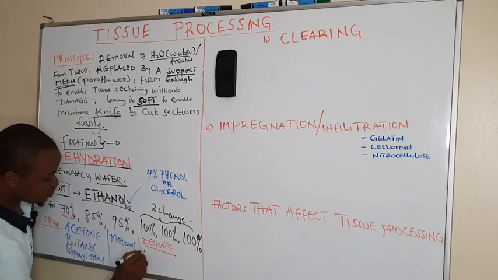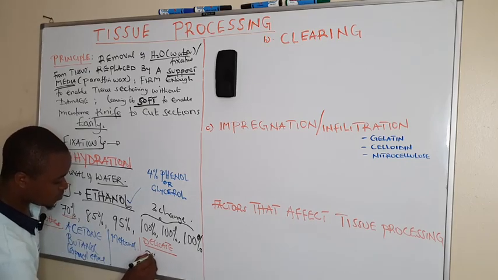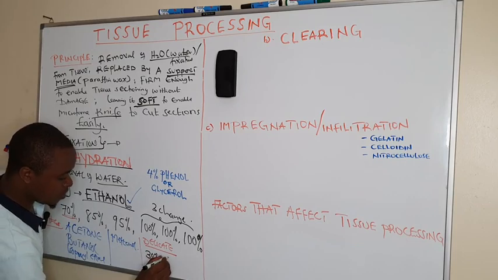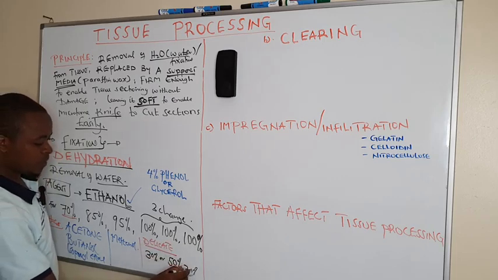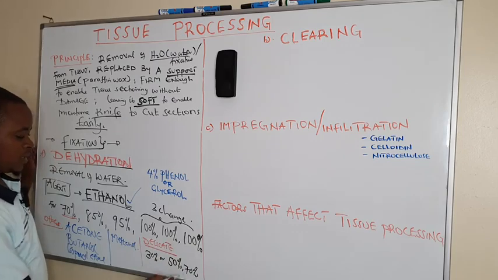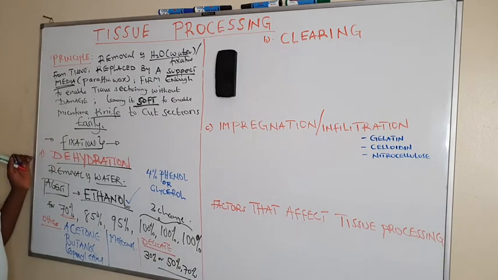So for delicate tissues, it is advisable to begin with 30% or 50% as we ascend. Can go from 50 to 70% to 80% and so forth for delicate tissues.